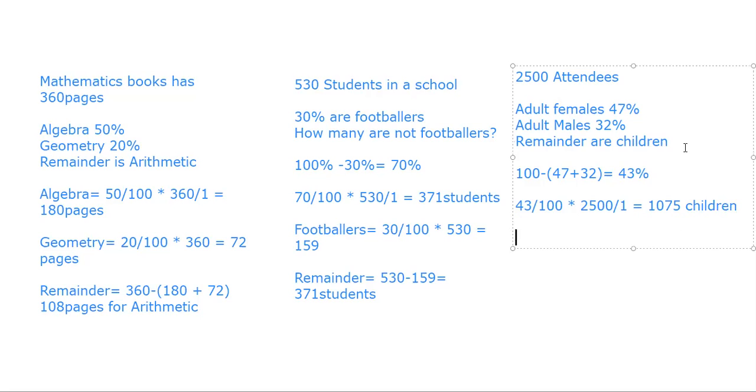Or we can work out the adults. 43 over 100 multiplied by 2500 over 1, which is equal to 625 adults.